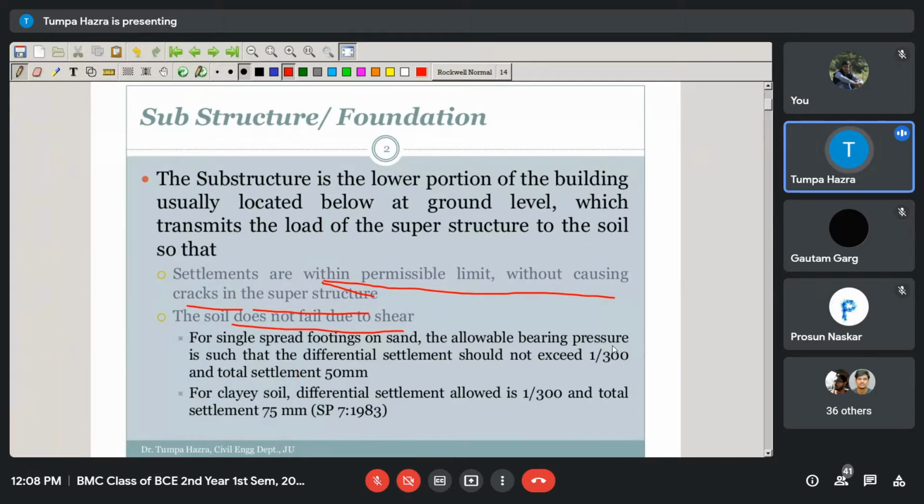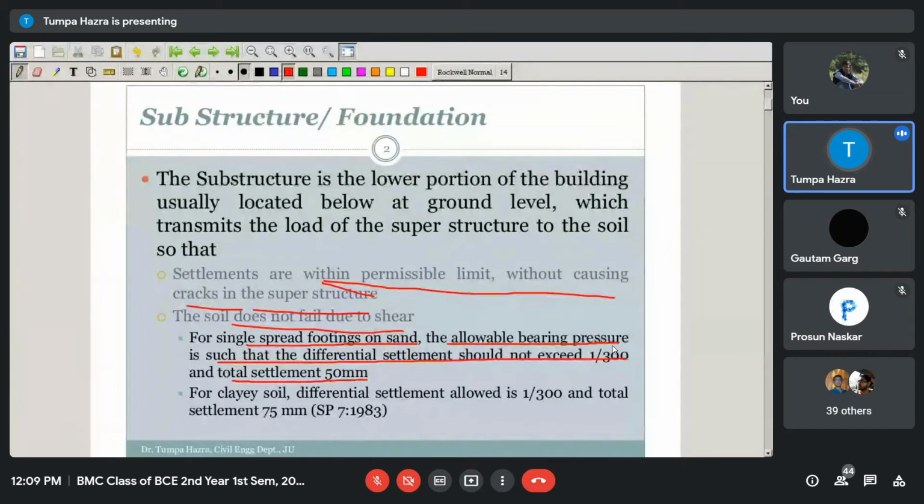For example, if it is single spread footing, I will explain what is spread footing later. If it is single spread footing on sand, then the allowable bearing pressure is such that the differential settlement should not exceed 1/300 of the width, and the total settlement is about 50 millimeter.